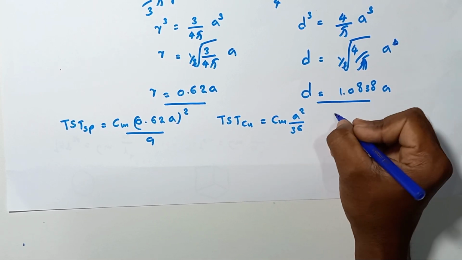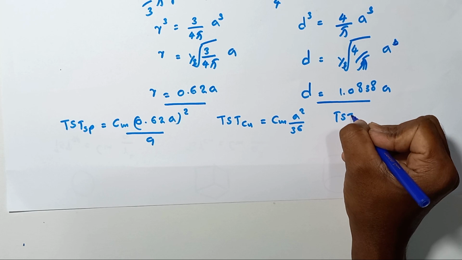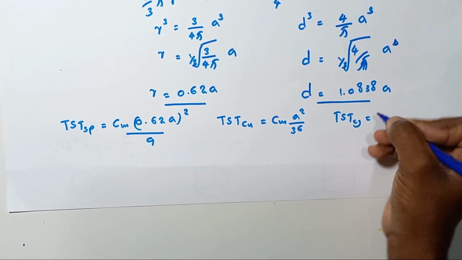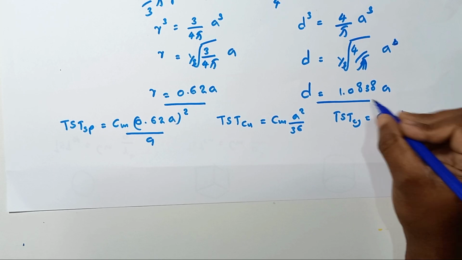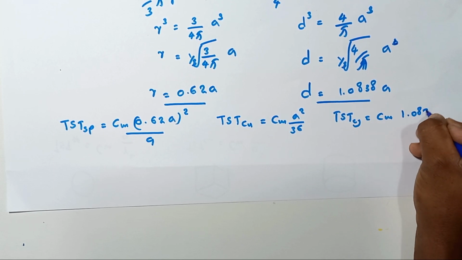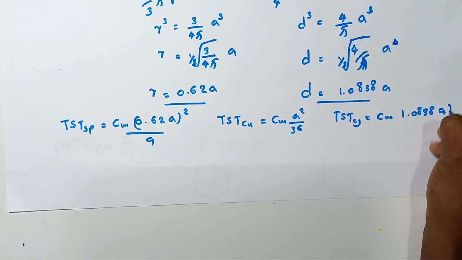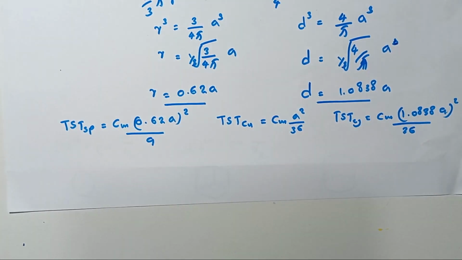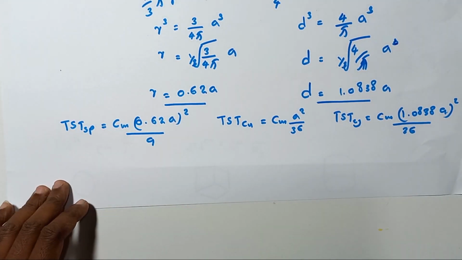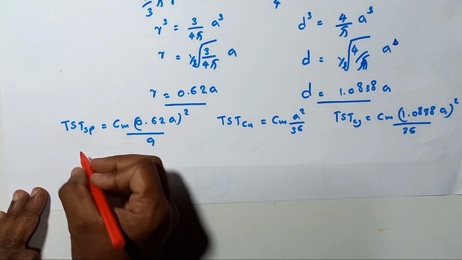For the cylinder, instead of d, I'm going to put 1.0838 into A, whole squared, divided by 36. So now all these three equations are in the single parameter A, so we can compare.